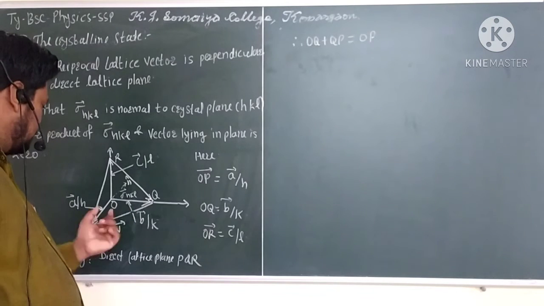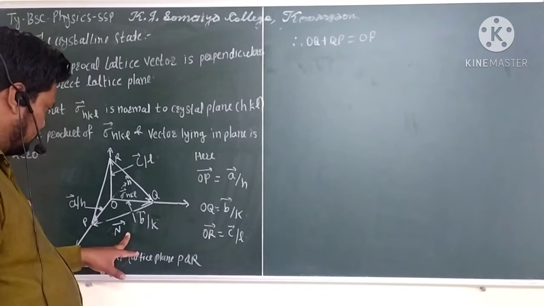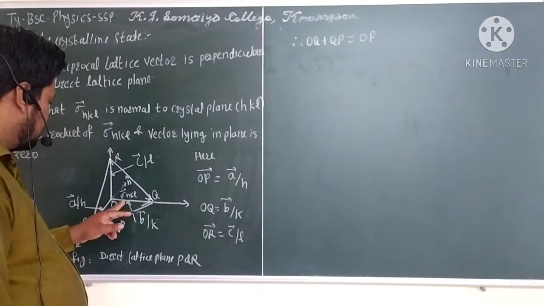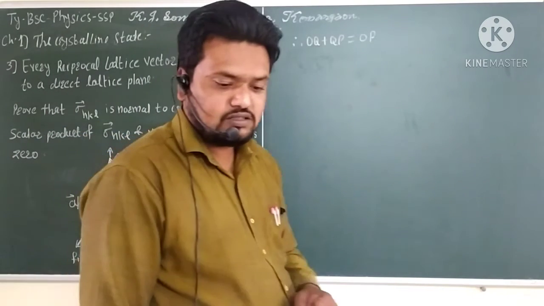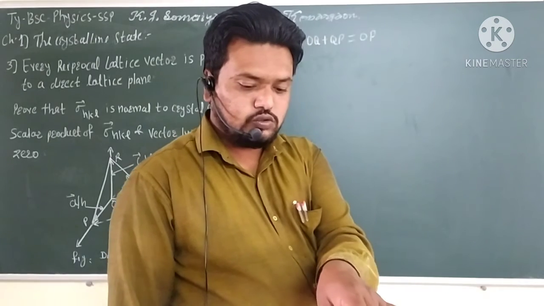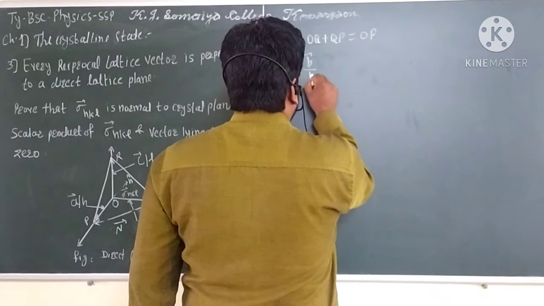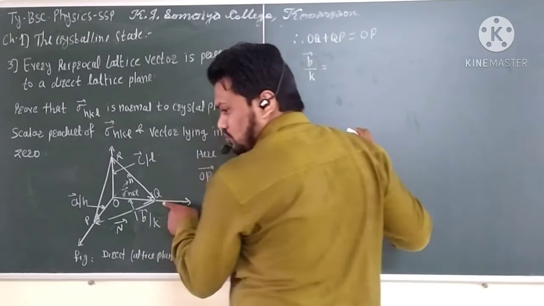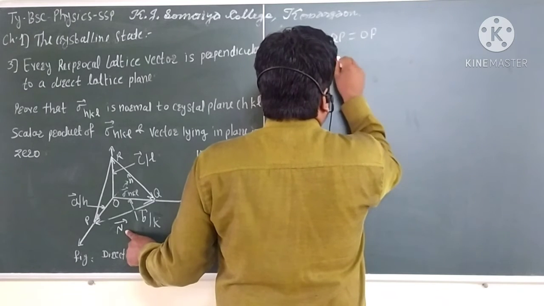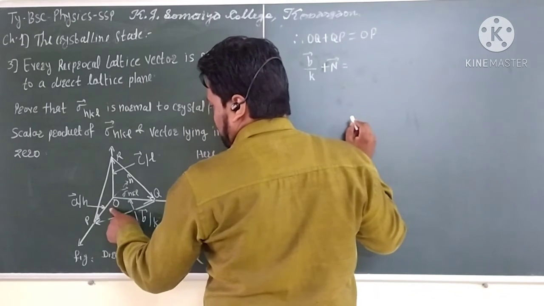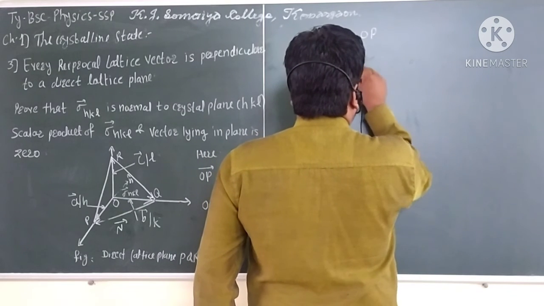QP is nothing but the N bar, OQ is the vector B by K, and we want to calculate OP, which is the vector A by H.